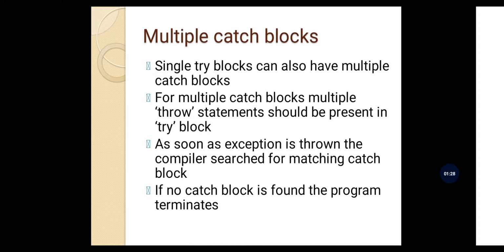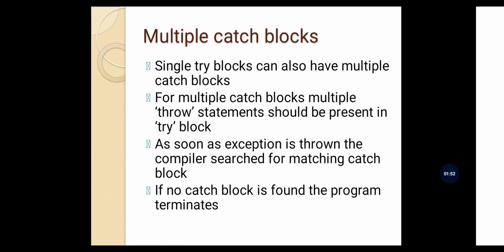So you put all those three statements into a try block, and for each of those exceptions we have different throws. One throw would probably throw an integer, another throw would throw a double or a float, and the third one would throw a character. So for each of those throws we need to implement a separate catch block. So that's what it means.